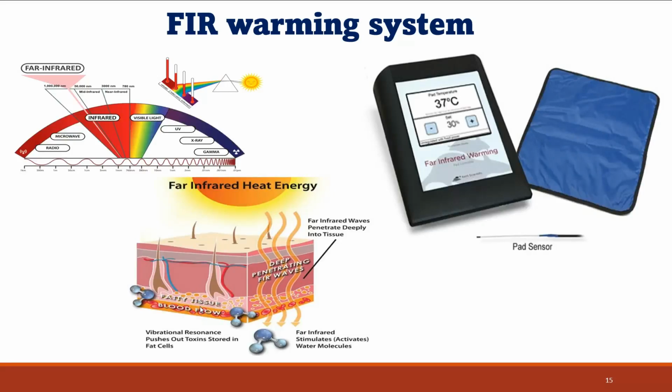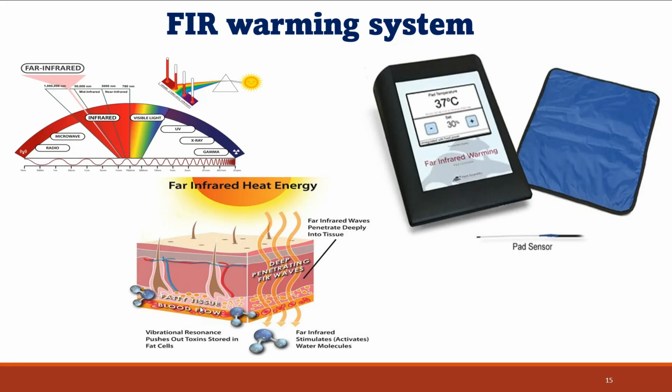Moving to the FIR warming system. These use far infrared radiation, which is a type of electromagnetic radiation within the infrared spectrum, and are used in products like Right Temp and PhysioSuite, not just to deliver basic warming but also therapeutic warming. FIR works by emitting electromagnetic waves that cause a tissue's water molecules to resonate, generating warmth within the tissue directly.